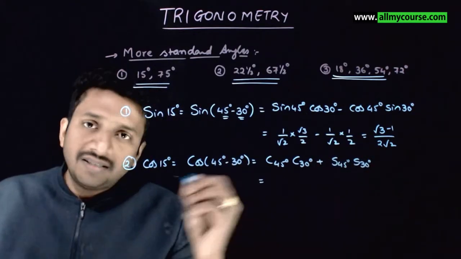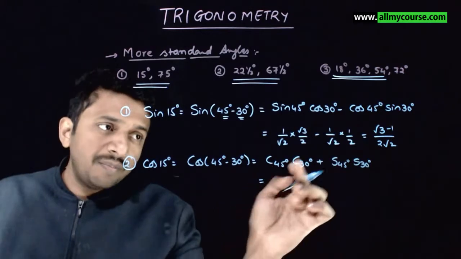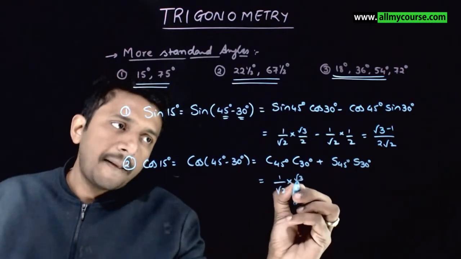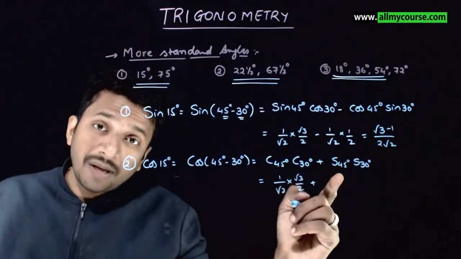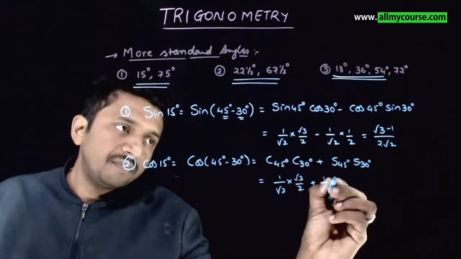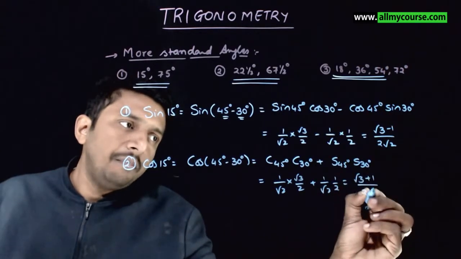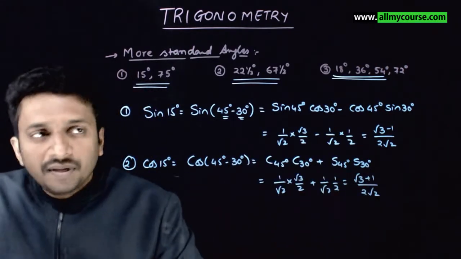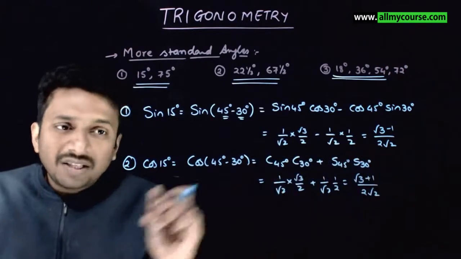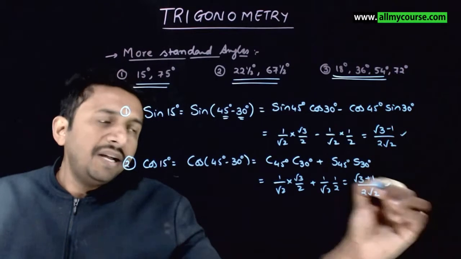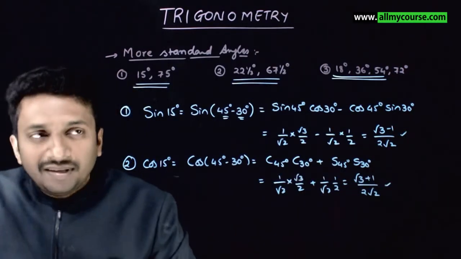So that is 1 by root 2 into root 3 by 2, plus 1 by root 2 into 1 by 2, which is equal to (root 3 plus 1) by 2 root 2. So sine 15 is (root 3 minus 1) by 2 root 2, and cos 15 is (root 3 plus 1) by 2 root 2.